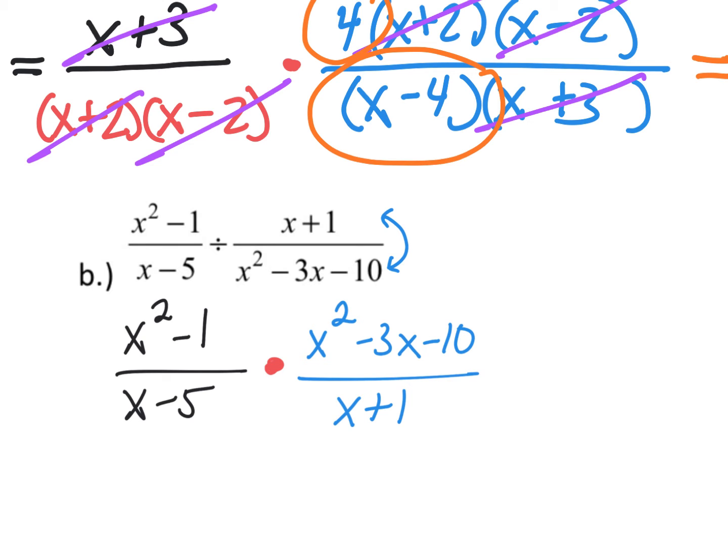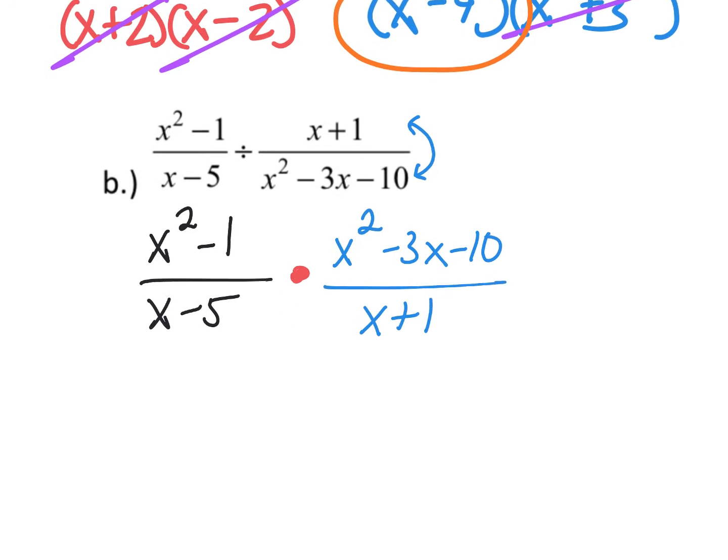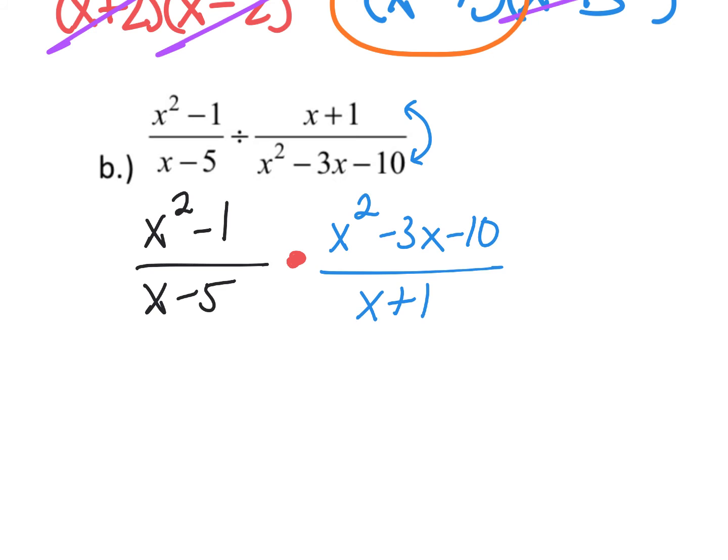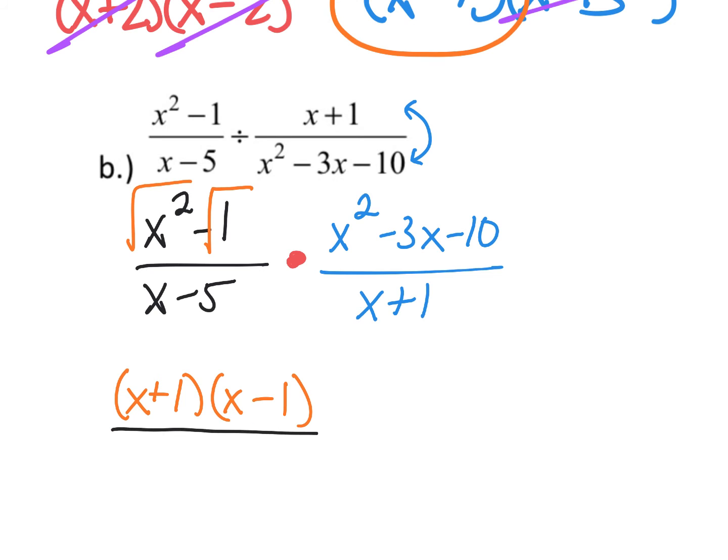All right, now it's like a problem from yesterday, so I factor everything I see. This first fraction here is a difference of two perfect squares up top there. So the square root of x squared is x, the square root of 1 is 1. And then I got to throw a plus and a minus in there. x minus 5 does not factor.